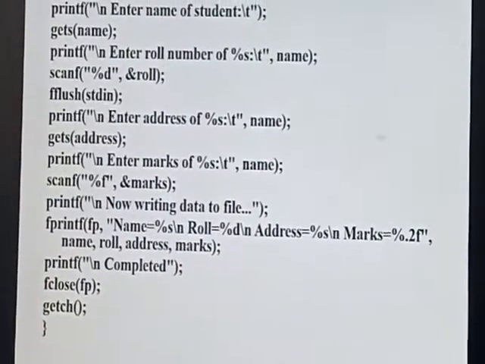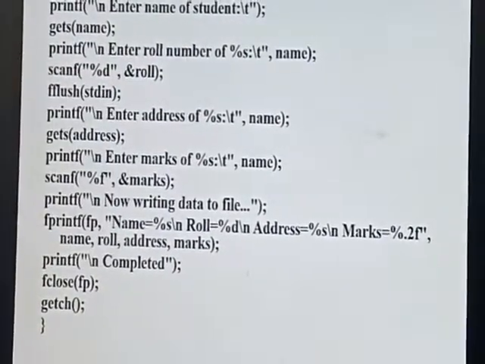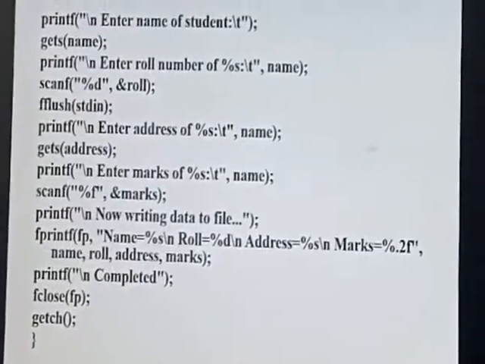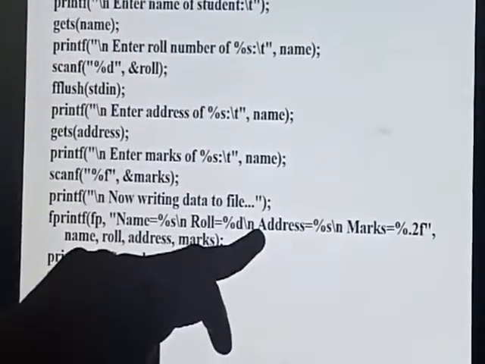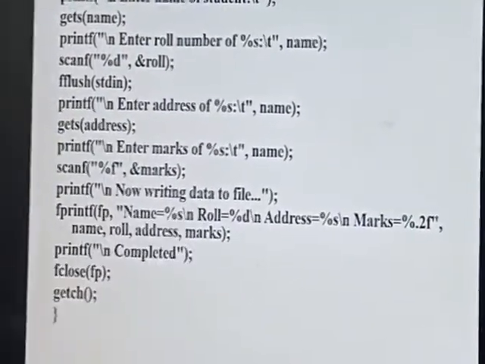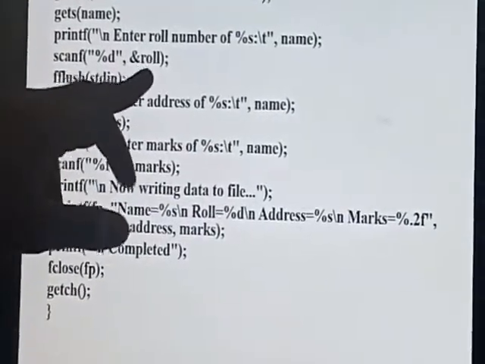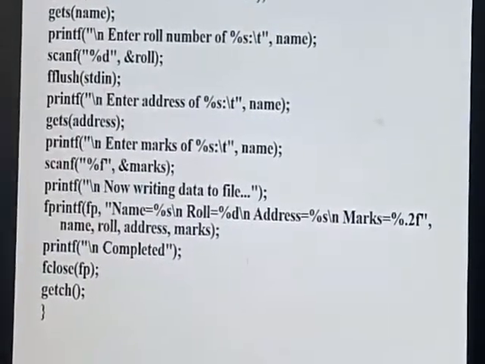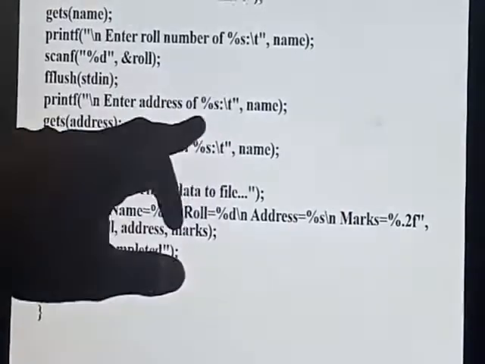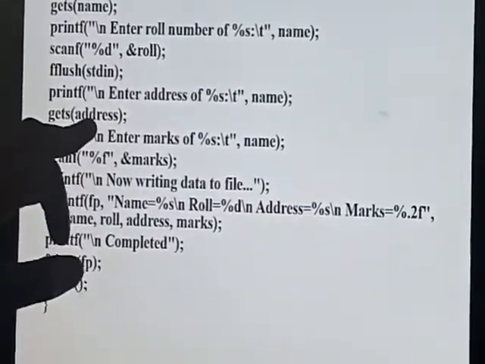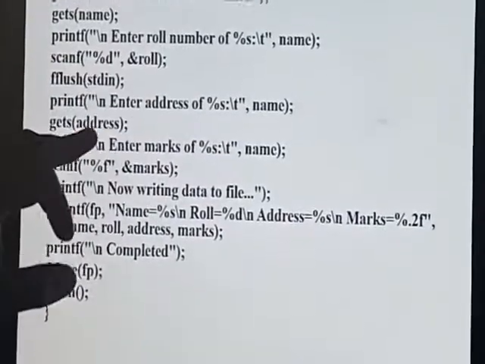So these data will temporarily be stored in a buffer, and after writing to a file the buffer gets cleared. Meanwhile the roll will have a temporary buffer, and upon getting the input for name or address, that enter key will be stored in address.